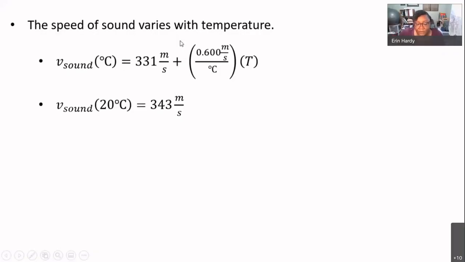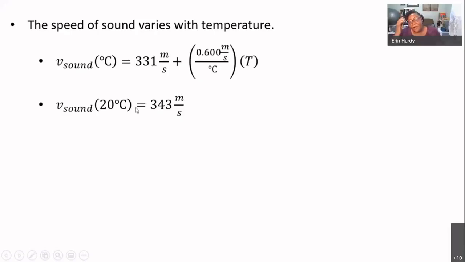This is 331 meters per second, plus this product here, where inside the large parentheses we have 0.600 meters per second per Celsius degree. So if we plug in a temperature in Celsius, we're going to have some term in meters per second added to meters per second.